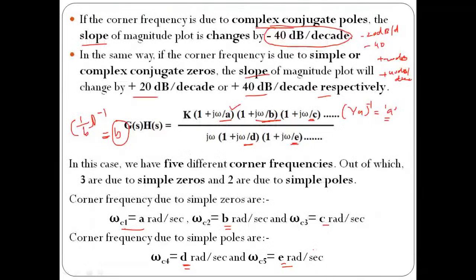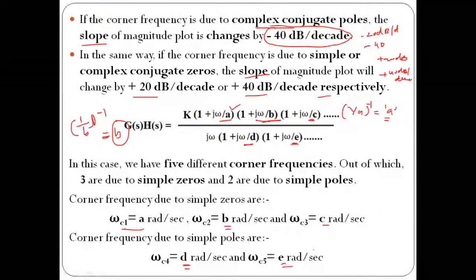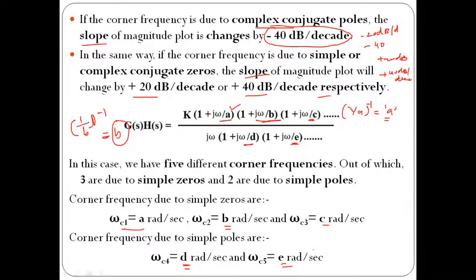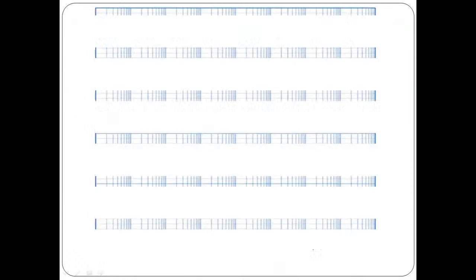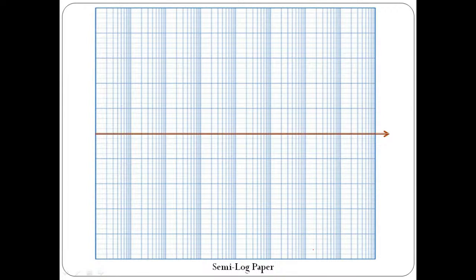So in this case, we have a total of three corner frequencies due to simple zeros and two corner frequencies due to simple poles. Now we need to indicate them one by one. So first of all, we need to draw the structure. This is going to be semi-log paper, x-axis, and on the x-axis we need to indicate frequency on the logarithmic scale.